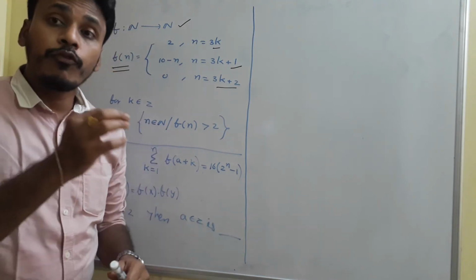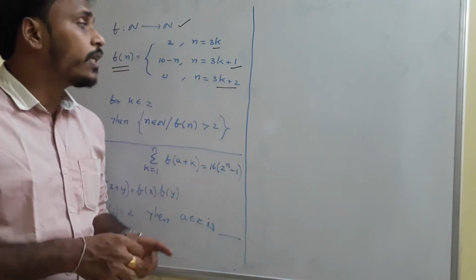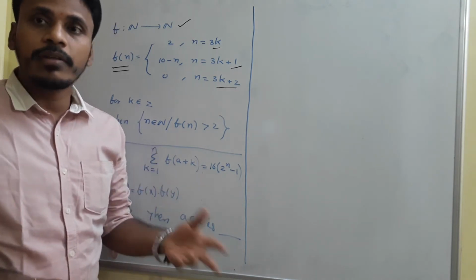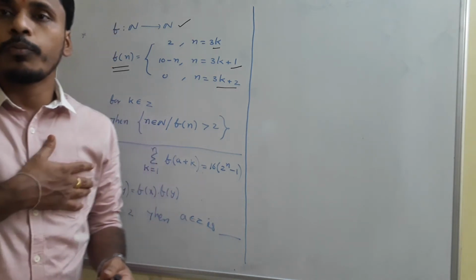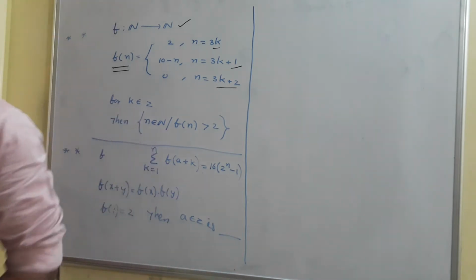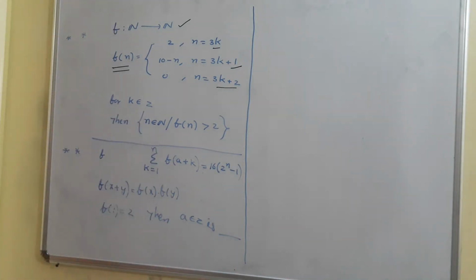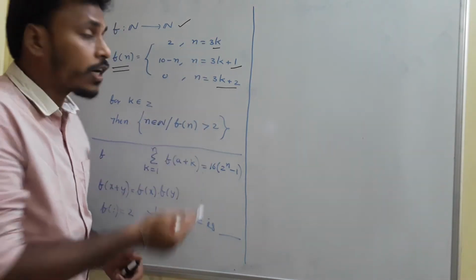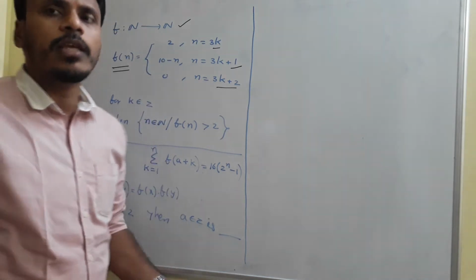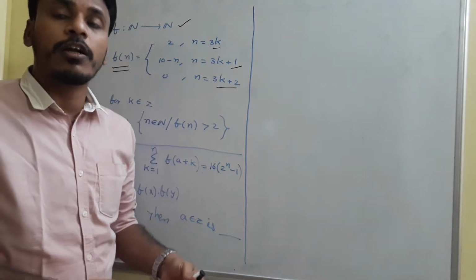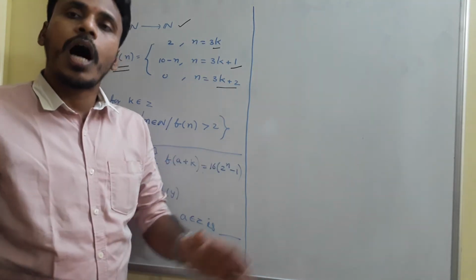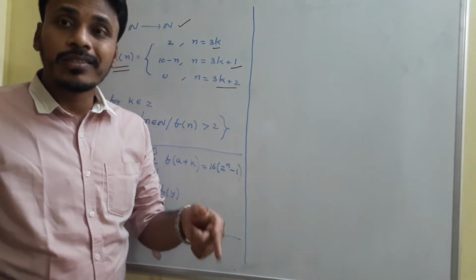If your input is 3k, in the sense of a multiple of 3, that means if your input is 3, 6, 9, 12, 15, like that, the multiples of 3, then the output of the function is 2. You can give any input which is a multiple of 3. Suppose your input is 300, the answer is 2 only, because 300 is a multiple of 3.